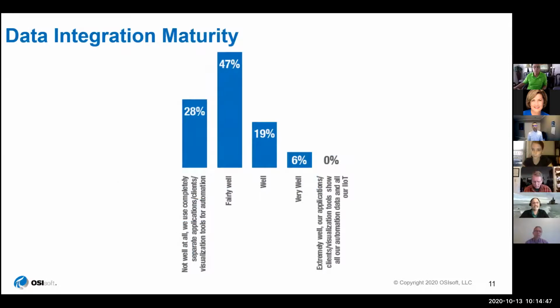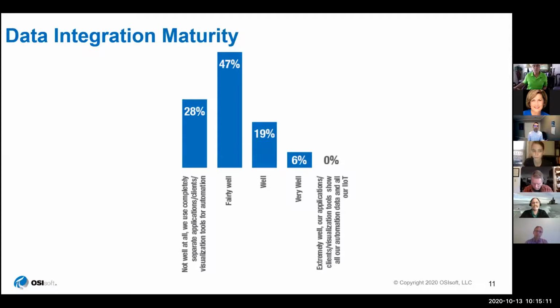And then when we take a look at how utilities manage all their data and whether they have it integrated, we can see that only a quarter, 25%, think that they're managing it well or very well. That leaves us with the remaining 75% that do it fairly well or not well at all, which is about 28%, as you can see here from the responses.